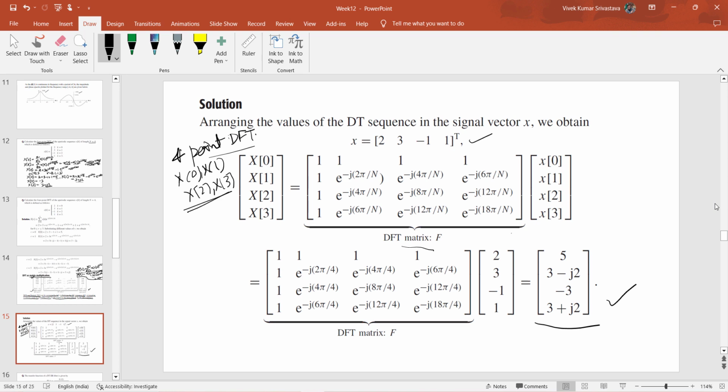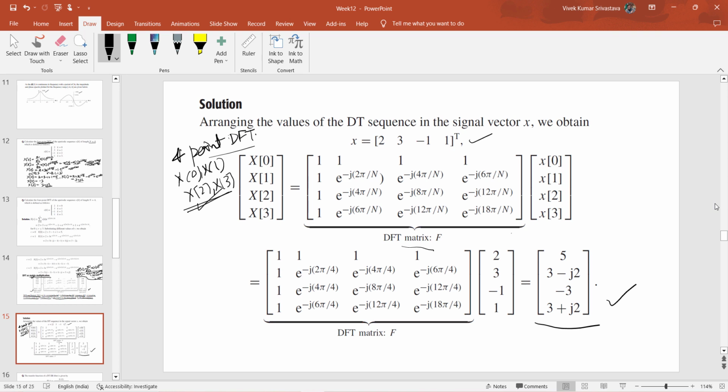For that we have to use some specific tool like MATLAB. MATLAB works on matrices, as we all know. So we can directly define this matrix and this input sequence in MATLAB, and we can directly get the value of these Fourier coefficients. That's why this matrix multiplication is needed.